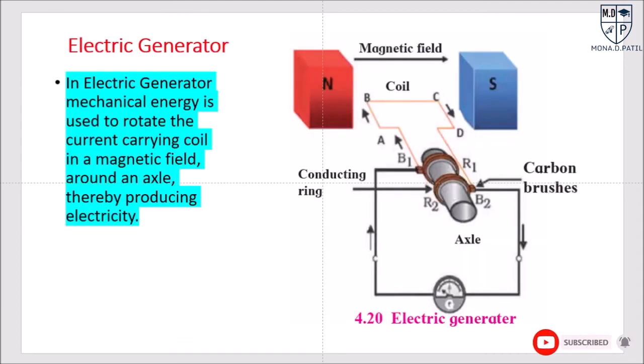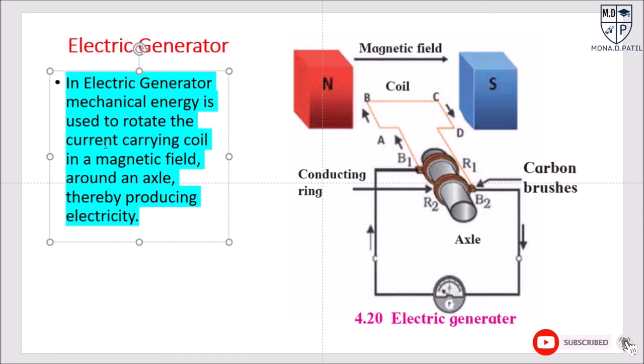Then the electric generator. Just we have studied about the electric motor. So in the electric motor we have studied that, here, electric generator. Okay, so mechanical energy is used to rotate the current carrying coil in a magnetic field around an axle and thereby producing electricity.